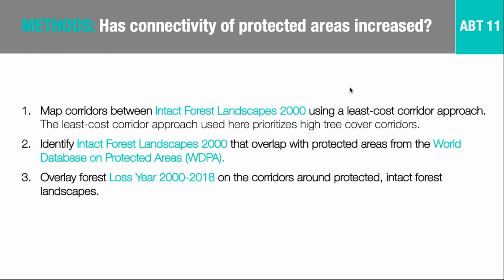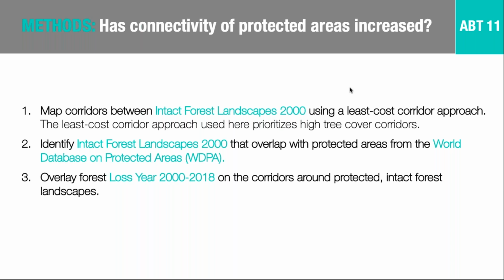So the basic steps for this example, which speaks to Aichi target 11 about connectivity of protected areas, is first we mapped corridors between intact forest landscapes in the year 2000 using a least cost corridor approach, which prioritizes high tree cover corridors.